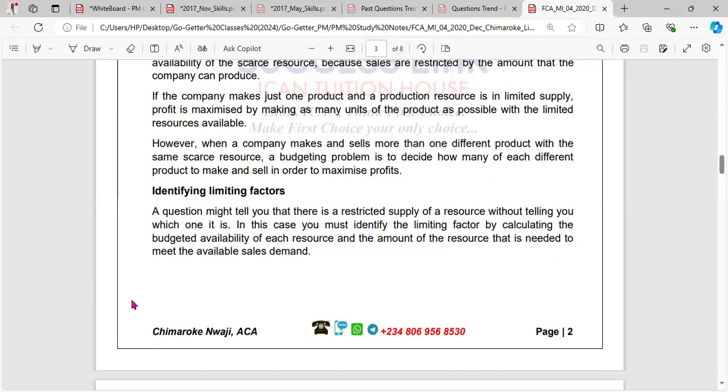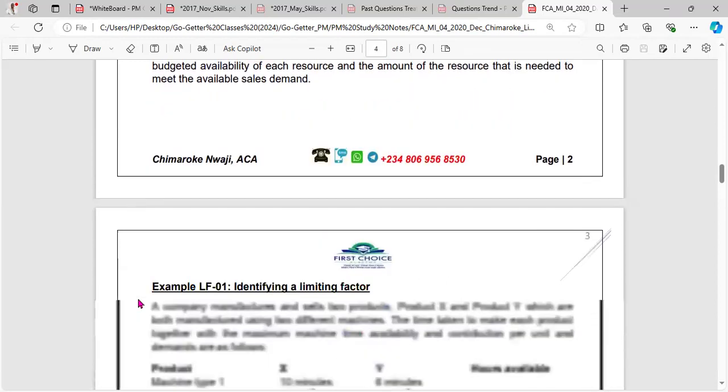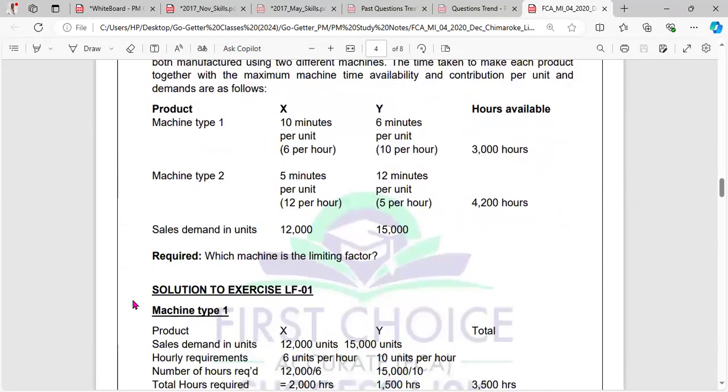So you must identify the limiting factor by calculating the budgeted availability of each resource and the amount of resource that is needed to meet the available sales demand. So let's see an example here.